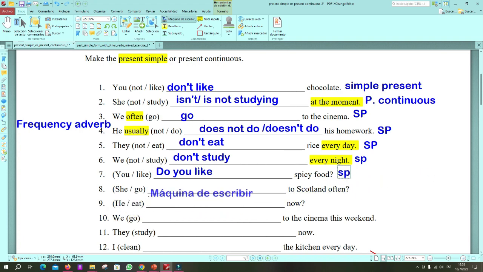So what about this one? She go to Scotland often. Oh, there you have another frequency adverb, often. So this is a yes/no question also. So which could be the answer for that one? Mr. Rosmin, do you have the answer?